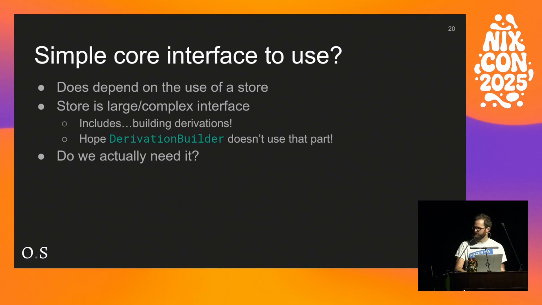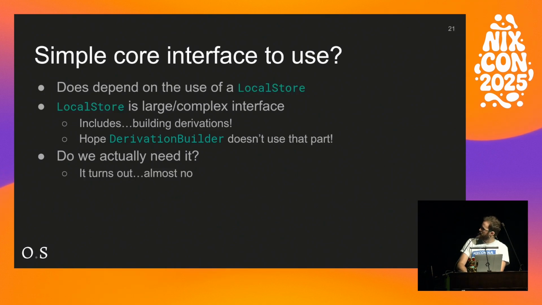Even if the thing we're doing is not trying to do everything, like invoking the worker stuff, it still depends on everything as if it was trying to do everything. So the big question of whether we are actually going to have reusable sandboxing logic is, can we get rid of this store dependency and have much simpler requirements?